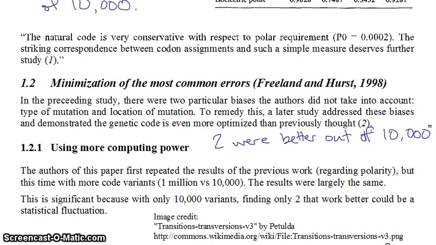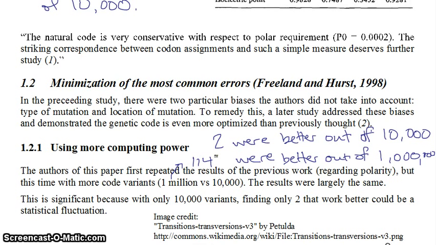And so what they found is, when they looked at 1 million different genetic codes, how many were better out of 1 million? There were 114 better out of 1 million, which means that 2 better out of 10,000 was an overestimate.